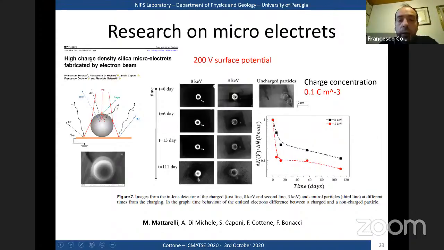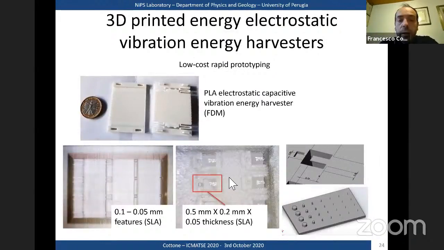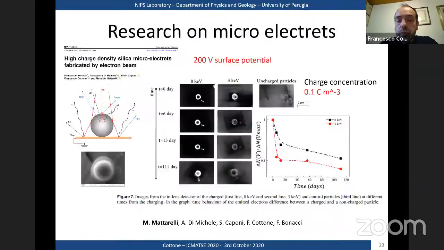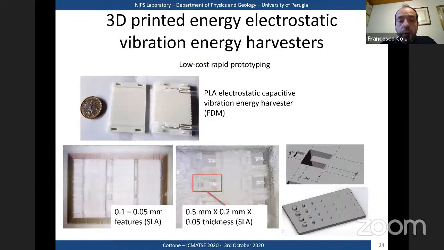Then our aim is also to embed these particles inside the electrostatic capacitor, an electrostatic device that can be, for example, this one here on silicon, or even to use these charged particles inside a polymer matrix as a filler that can also be 3D printed, for example.